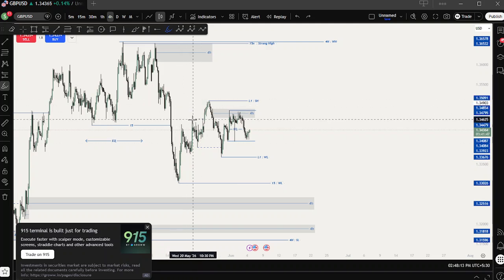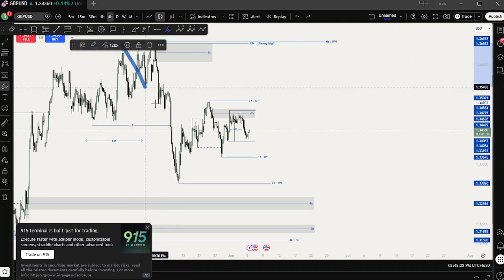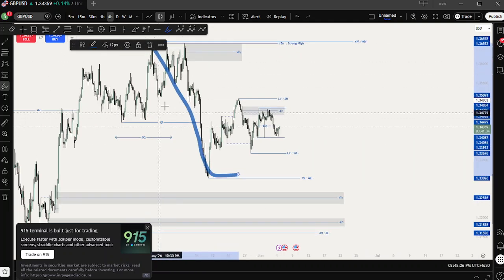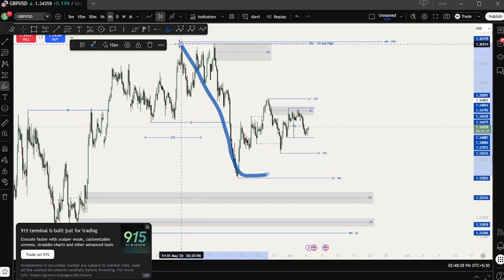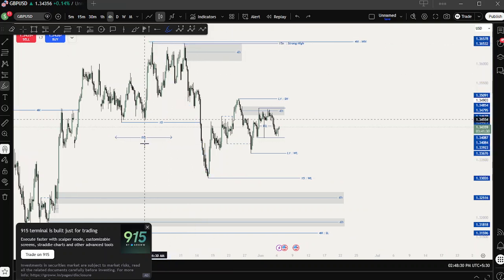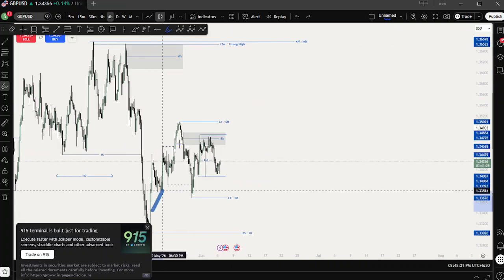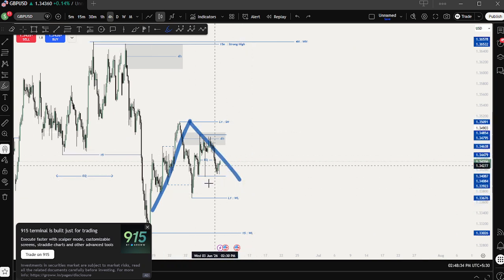Now what the thing is, I currently am following my 15-minute structure, which is this range, which had its pullback. Now it's in its continuation phase.